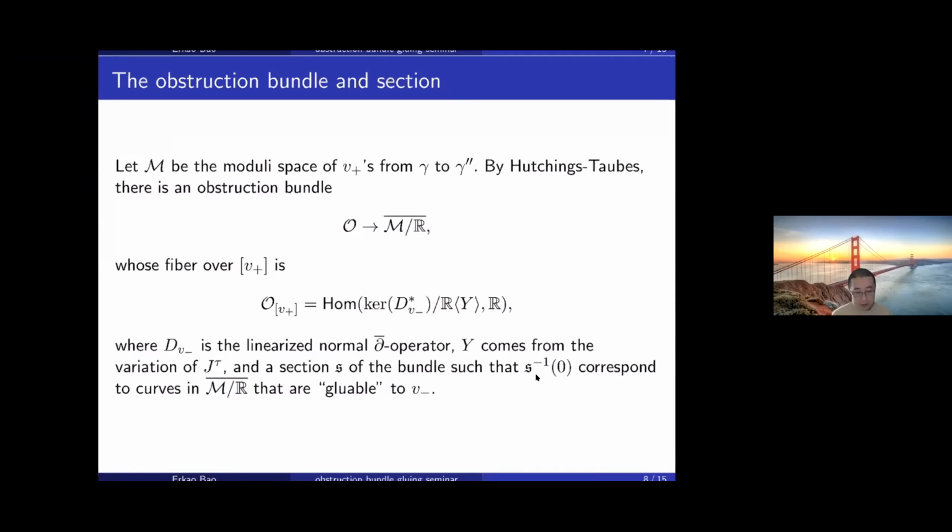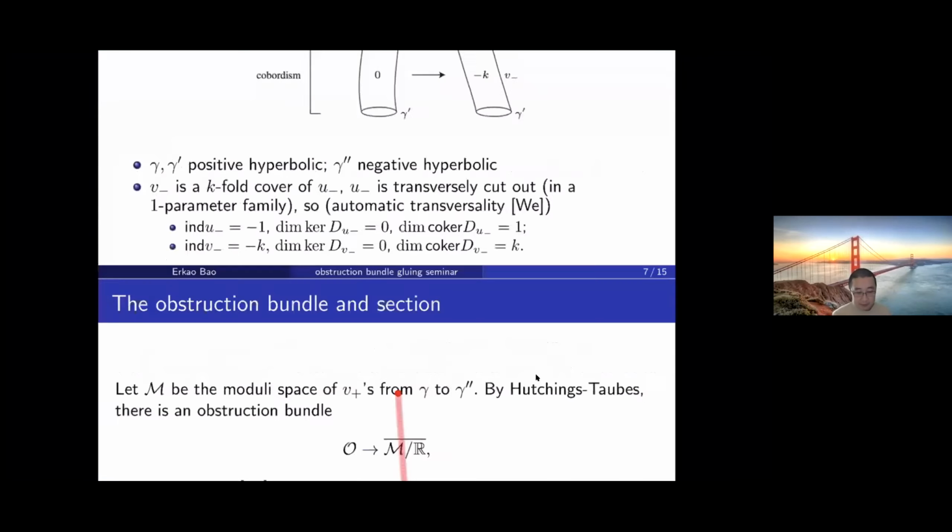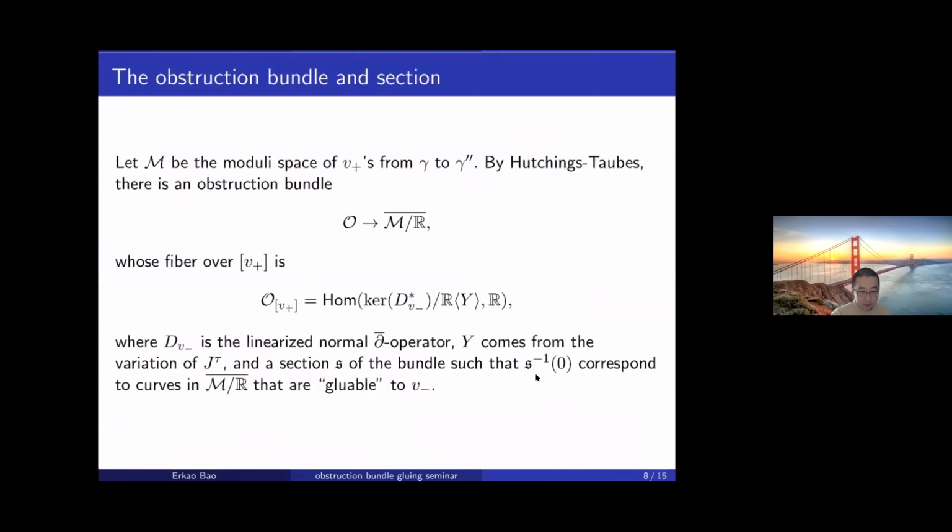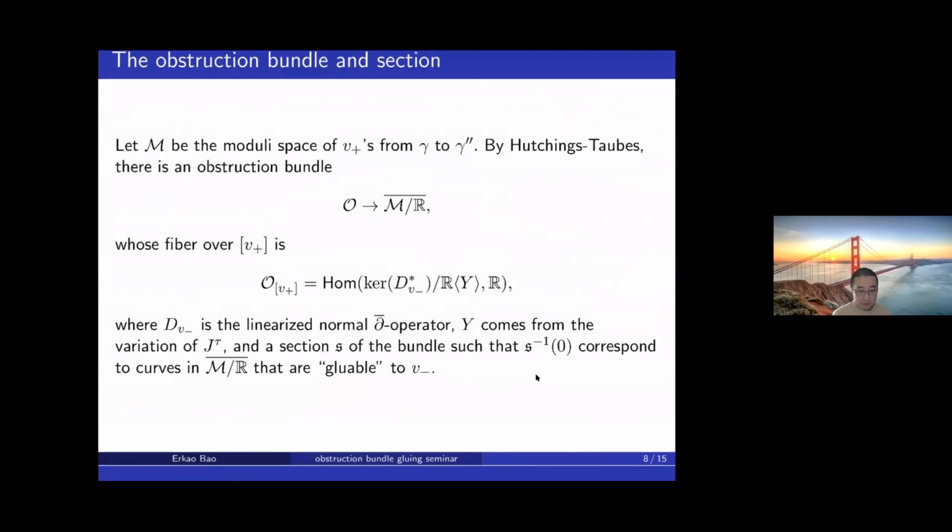And then we take the dual of this vector space. But anyway, this bundle is a trivial bundle.